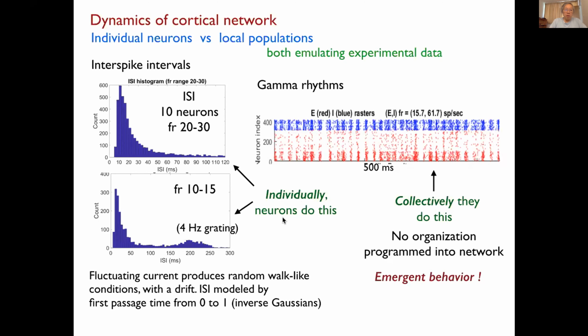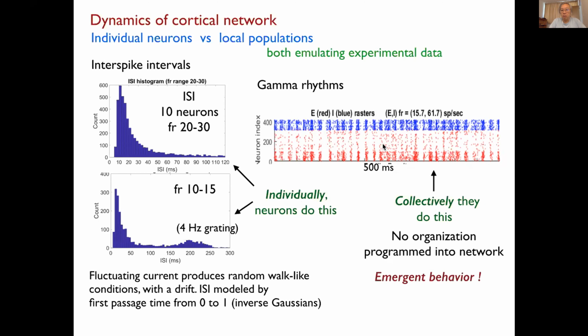Now, individually, this is what neurons do, but when you put them all together, something else happens. Okay. In the model, they produce a gamma rhythm, which I'm sure most of you know about. So this is a raster, with time on the horizontal axis, and neuron number. Blue is I neuron, red is excitatory neuron. The ones that fired further down below, they fire more because they're complex cells. Okay, so you can see that the spike firing is very far from homogeneous.